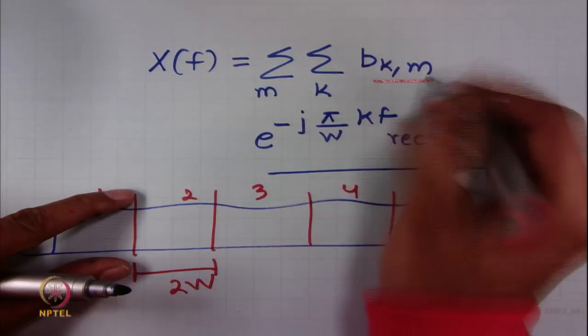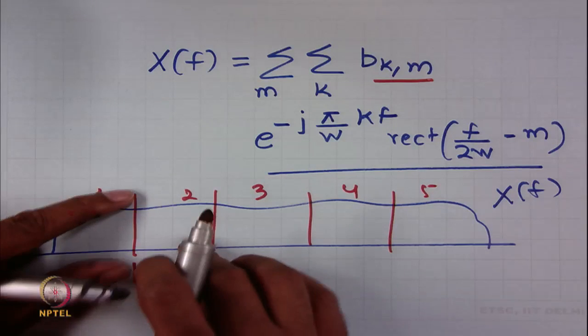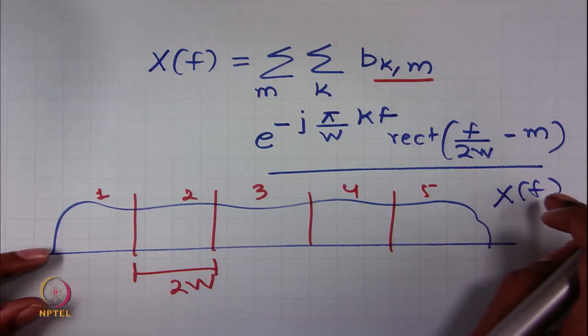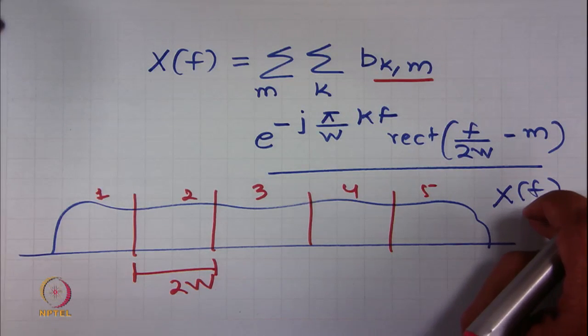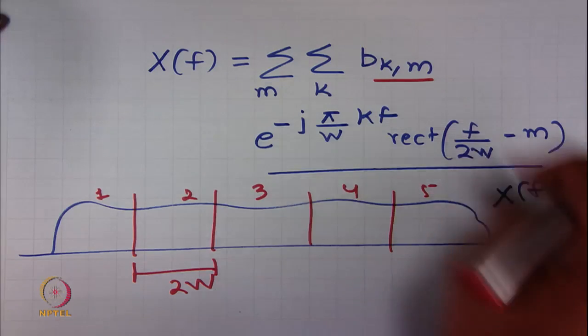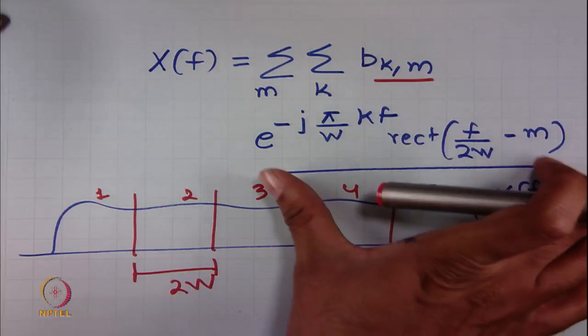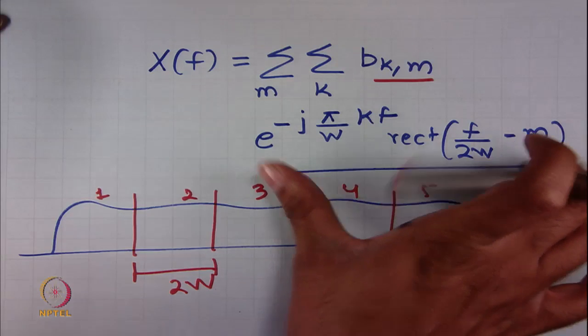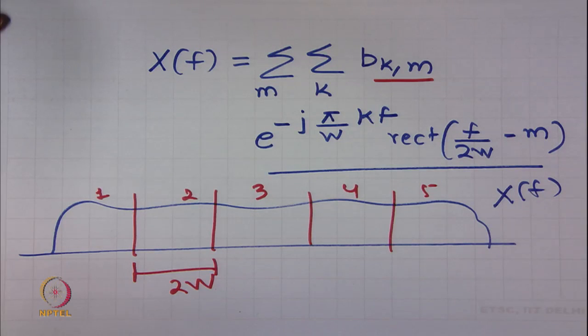So, b_km are the coefficients of the mth segment of the signal whose spectrum is X(f), and using these b_km and these orthogonal functions we can carry out a double sum expansion.